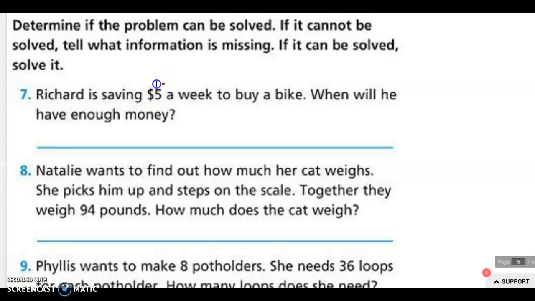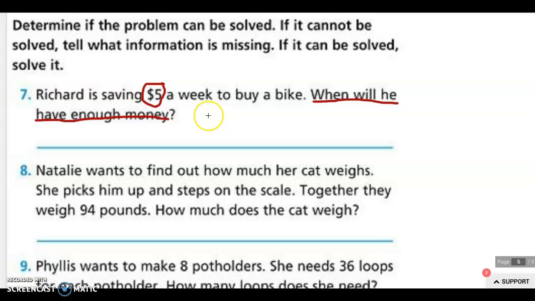Richard is saving $5 a week to buy a bike. When will he have enough money? When? I don't have any information telling me, well, let's see. I do have information telling me $5 a week.